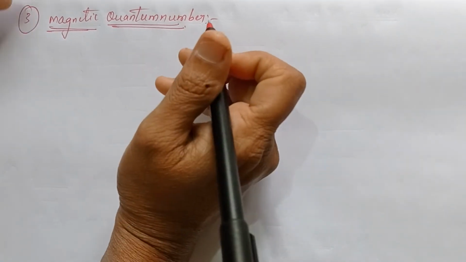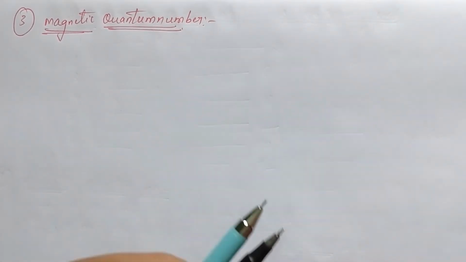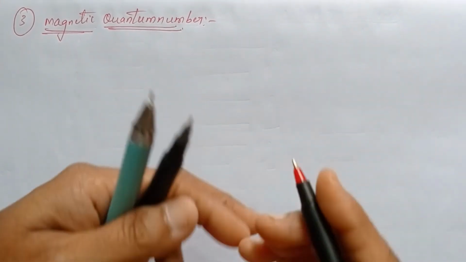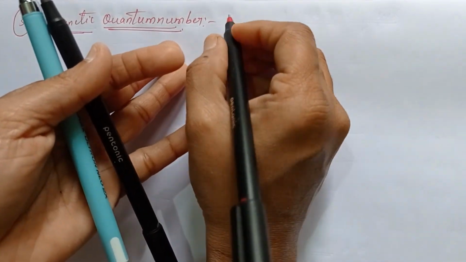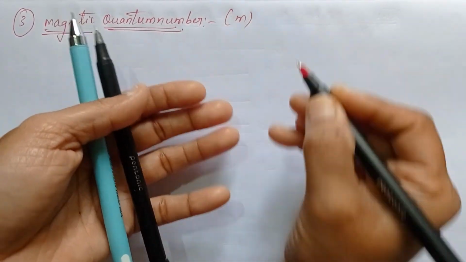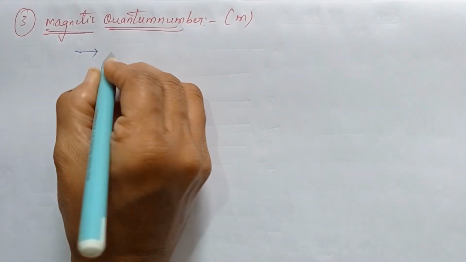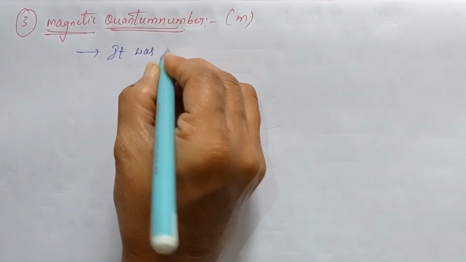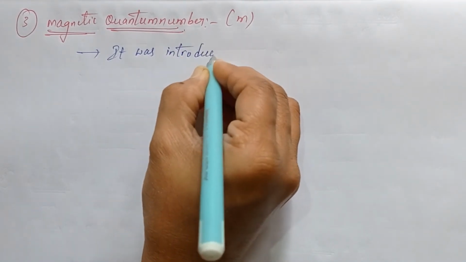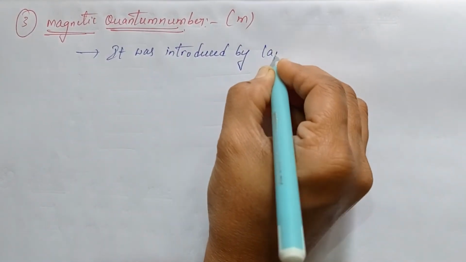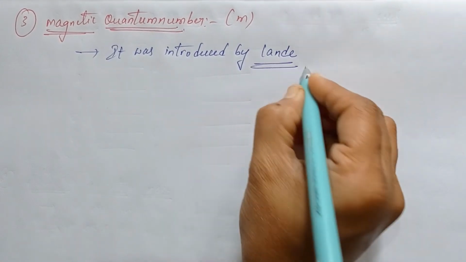Now see, magnetic quantum number was introduced by Landé. First of all, it is represented by small m, students. It was introduced by Landé.